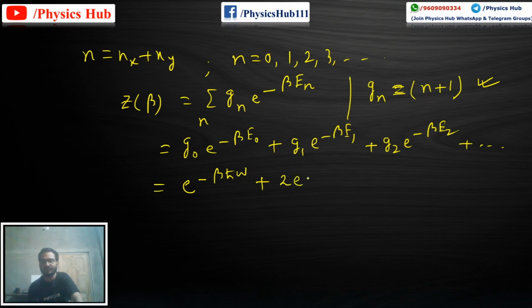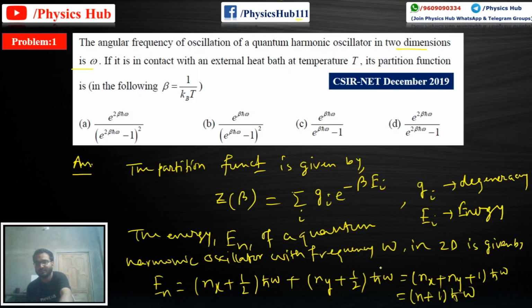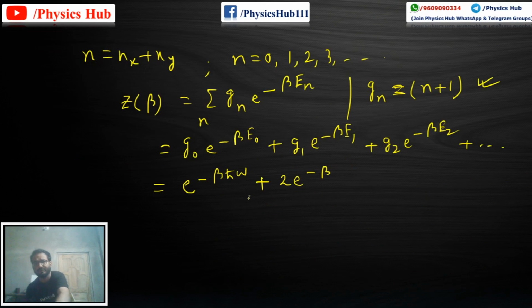So 2 e to the power minus beta E1, and E1 is n plus 1 h cut omega, so 2 h cut omega. Basically the degeneracy is n plus 1, and in the expression of energy we also see n plus 1, so there is some kind of symmetry.